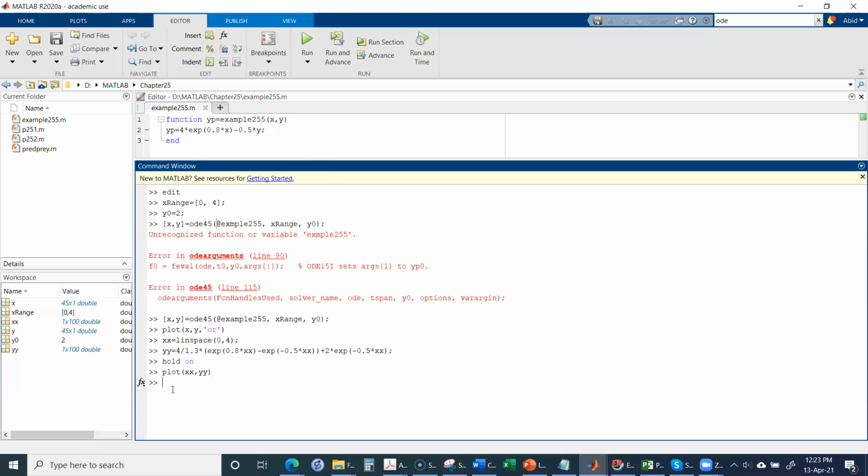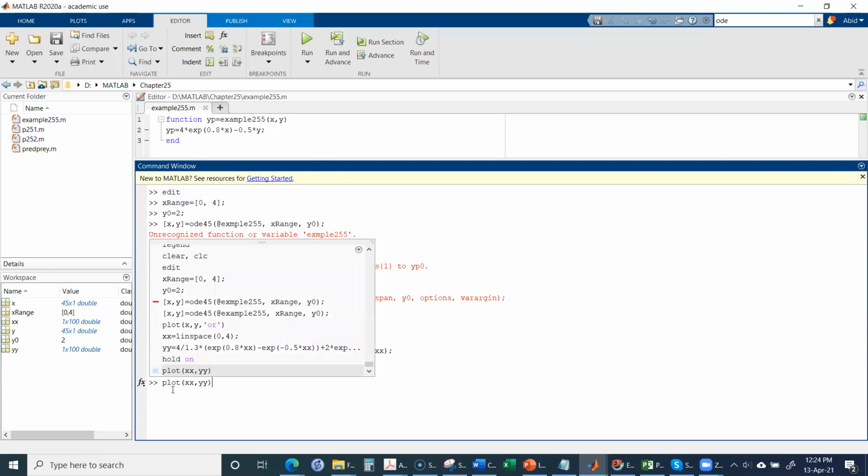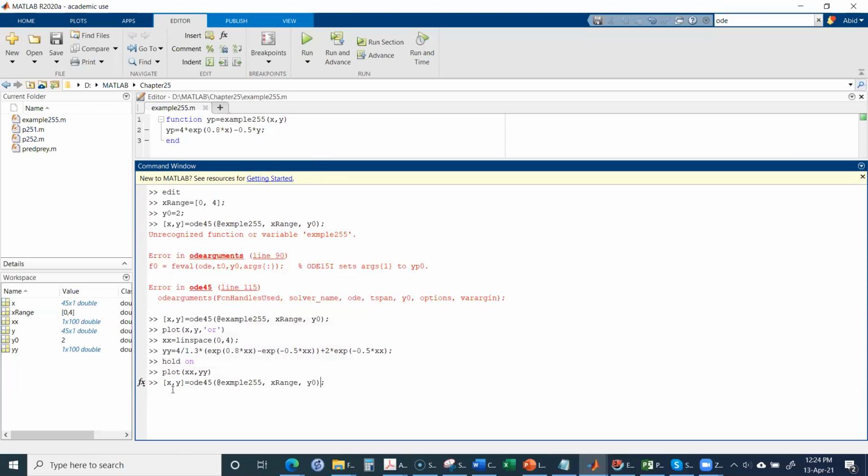For this we can use the same command like this, but instead of storing it as a two component output, we can store it as a one component output. So maybe we can store it as SOL.